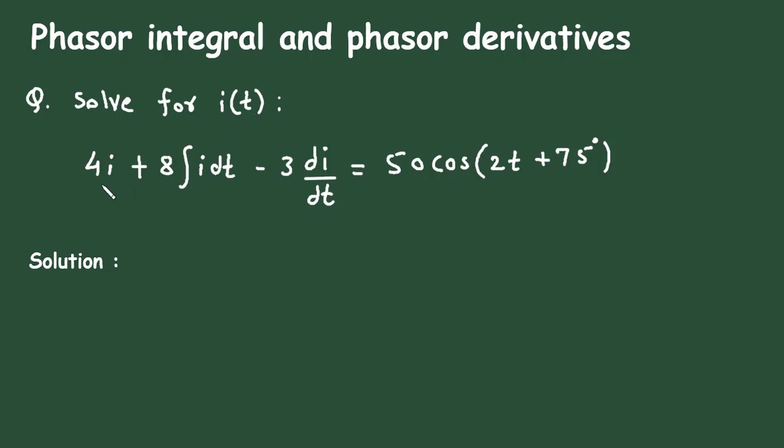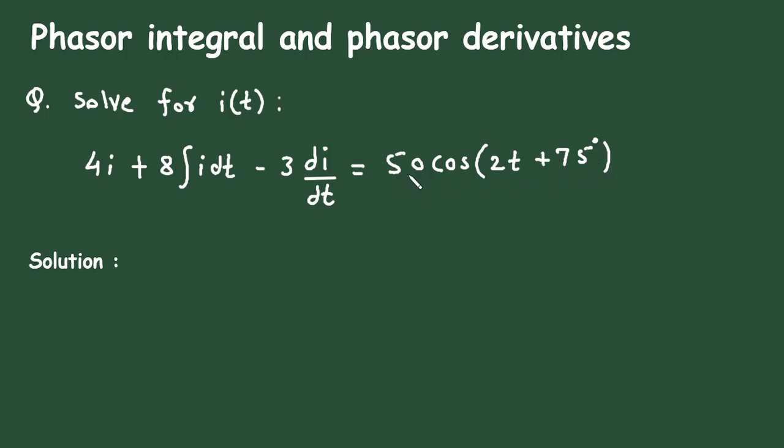Now here from this equation we can say that this 4i represents the voltage drop across the resistor, and this 8 integral of i dt represents the voltage drop across the capacitor, and here this minus 3 di/dt represents the voltage drop across the inductor, and the addition of all this is the voltage source, which is 50 cos(2t + 75 degrees).